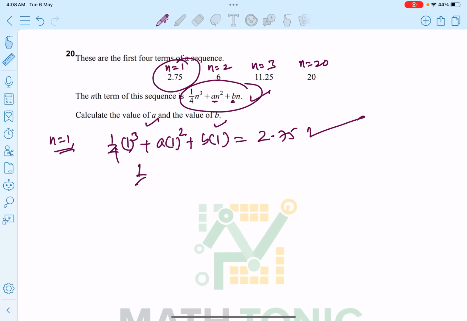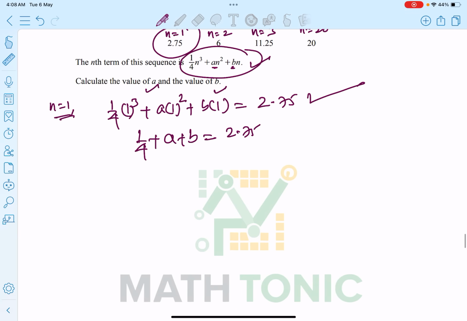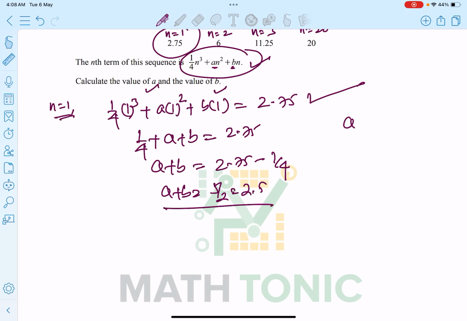Now, it will be 1 over 4 plus a plus b equals 2.75. So a plus b equals 2.75 minus 1 over 4. When you put the value in the calculator, you will get 5 over 2, or we can say 2.5. So the first equation we got: a plus b equals 2.5.